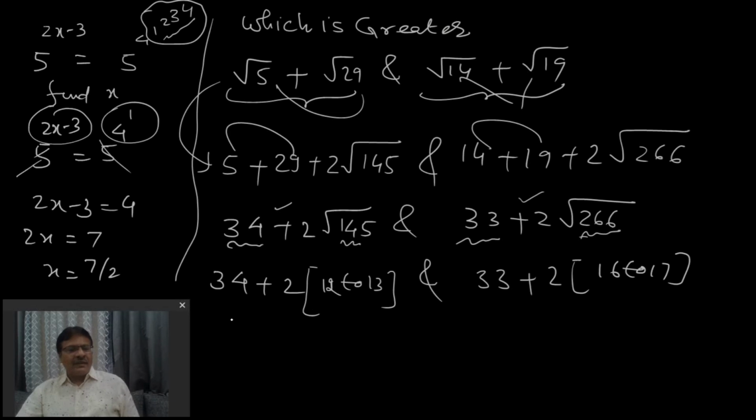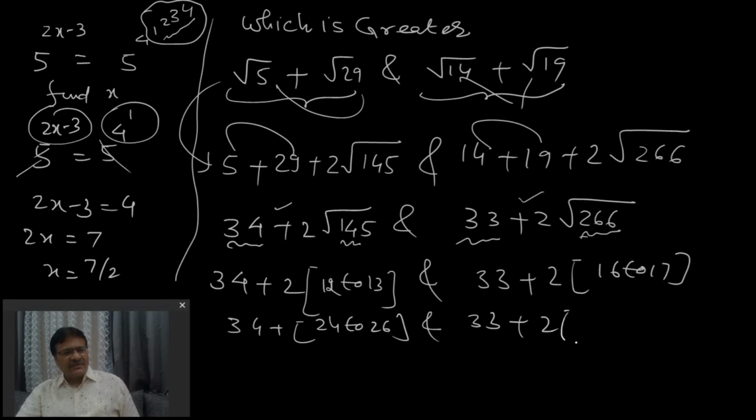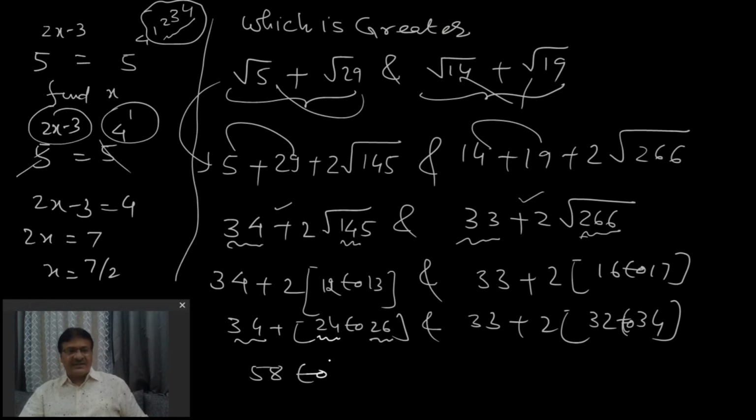Is that clear? Now 34 plus twice of this thing, that is 24 to 26, and 33 plus twice of this, 32 to 34. Is that clear? Suppose its minimum value is 24. If I add 34, then what do I get? 58. If I add this maximum number 26 to this 34, then what do I get? 60.